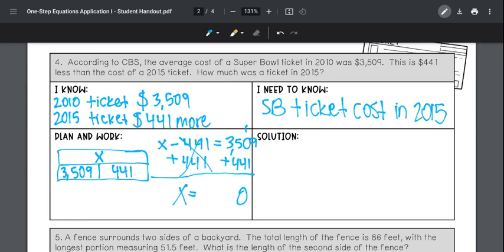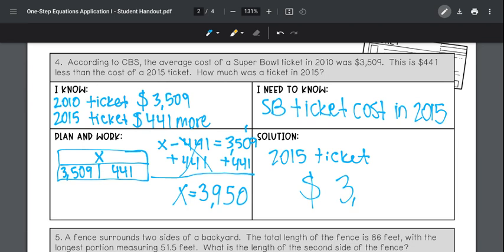So 0 carry the 1. 4 plus 0 plus 1 is 5. 4 plus 5 is 9. And 3 plus nothing is 3. Okay, so a Super Bowl ticket in 2015 cost $3,950. So I'll put 2015 ticket $3,950. That's a lot of money, folks.